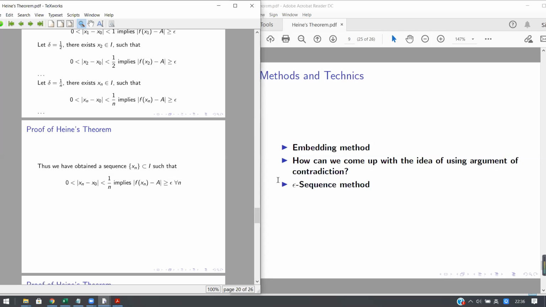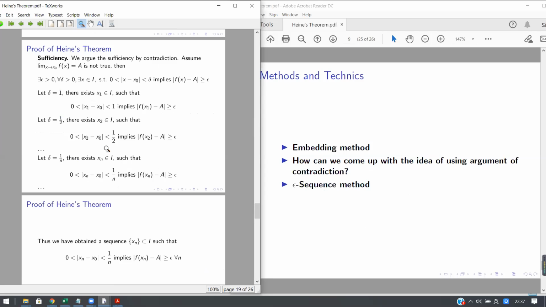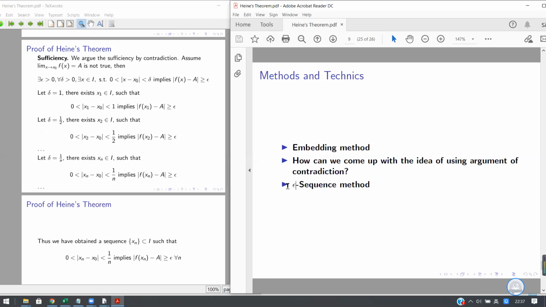And thirdly, the epsilon sequence method. This is simple. This refers to this for all delta which is positive. Normally this is for all epsilon positive, so I use epsilon sequence here, but this is just a name.